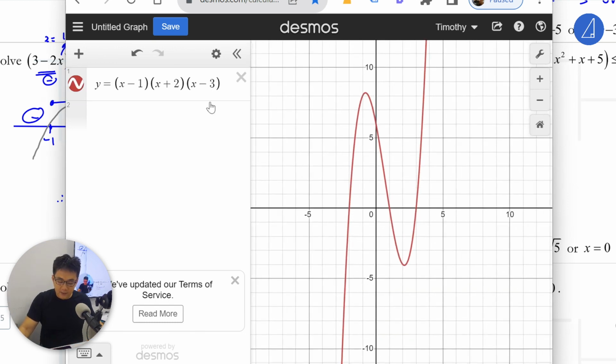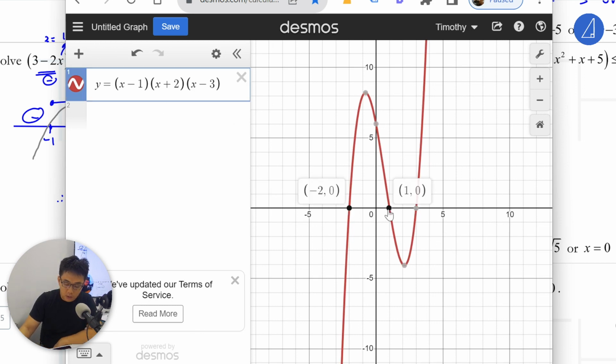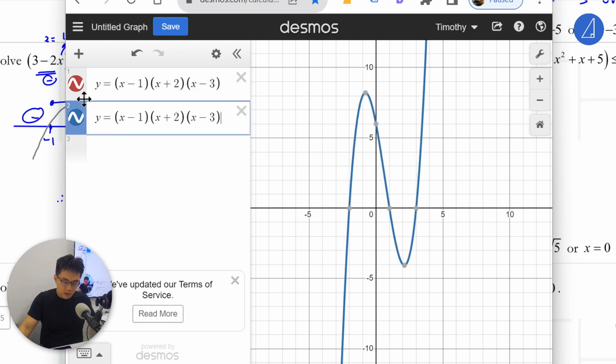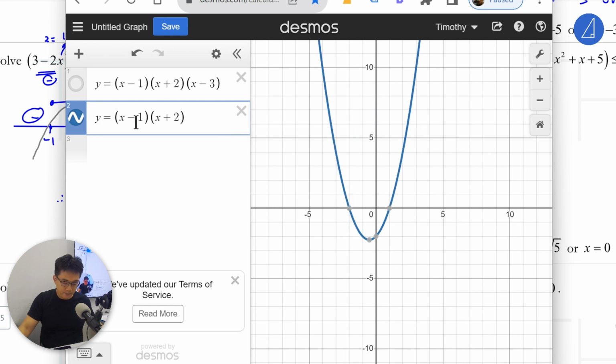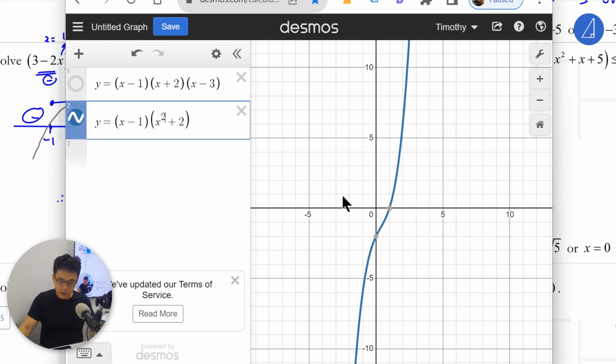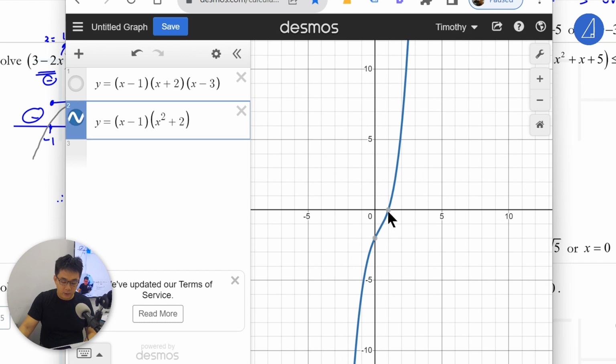Every time you cross a root, you will swap, ensuring that there's a root along the x-axis. Now I make this always positive, so I remove this one. The graph now only has one real root. This guy will never spawn a root on the x-axis.